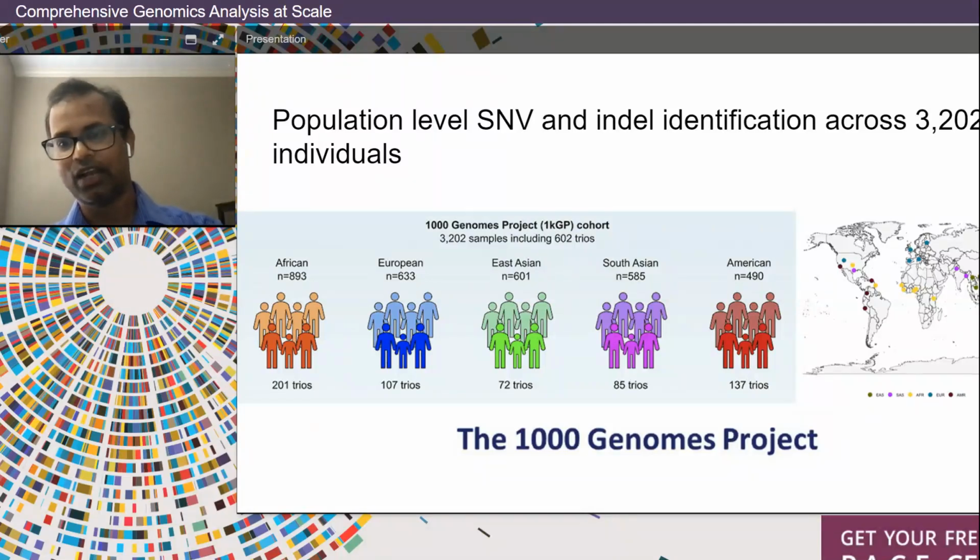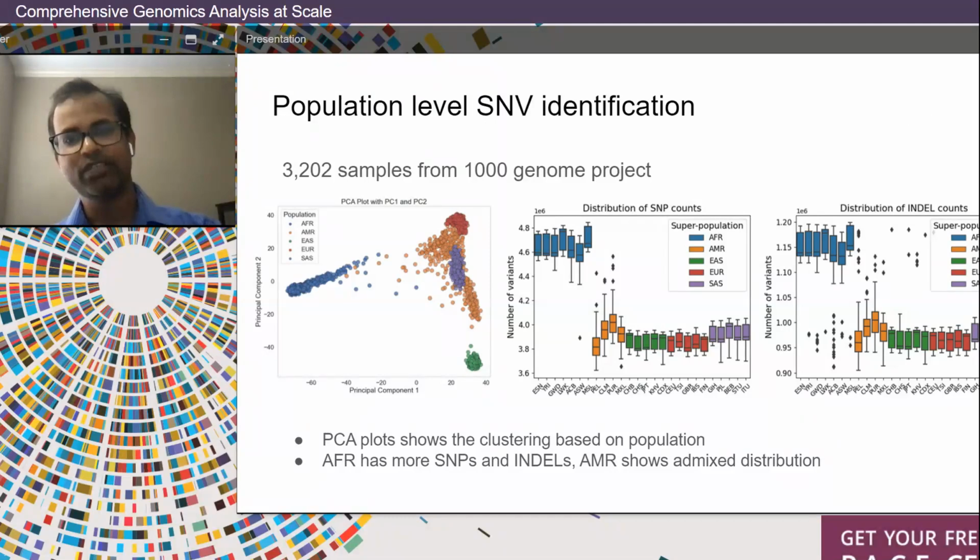Next we analyzed the 1,000 Genomes Project samples using DRAGEN. This 1,000 Genomes Project sample set is a widely studied control set, and it contains samples from various ethnicities. The first thing we did was the SNV analysis, taking the DRAGEN calls for all these 3,202 samples. On the left figure, you can see a PCA plot that shows a nice cluster of variants for all the populations.